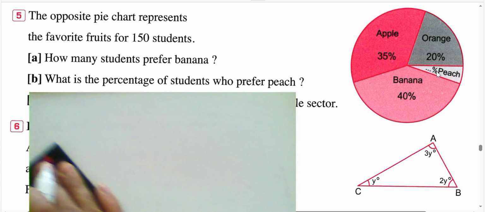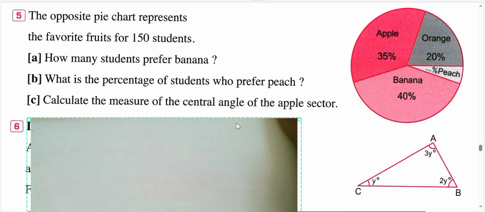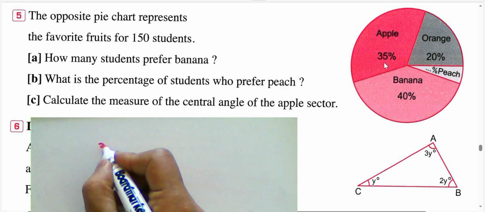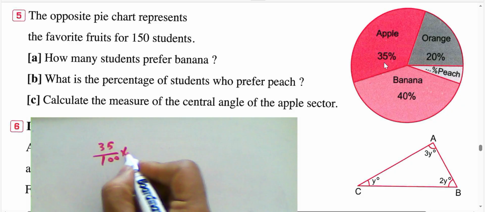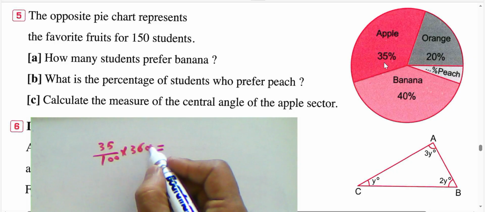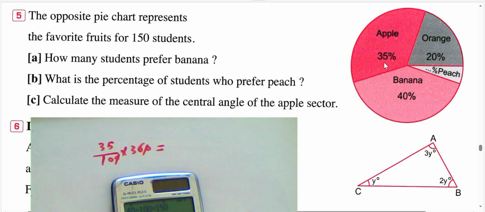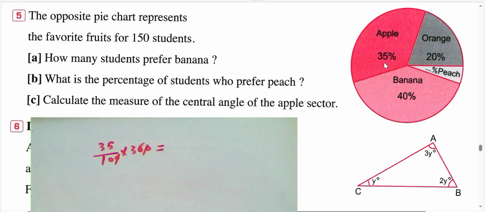Next question, letter C. Calculate the measure of the central angle of the sector. Here 35%: 35 over 100 multiplied by 360 to find the measure of the central angle. Cancel 0 by 0, or 36 times 35 divided by 10.